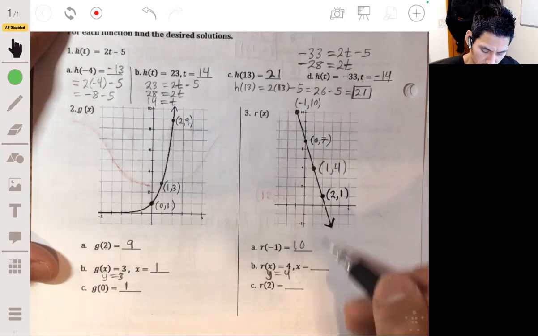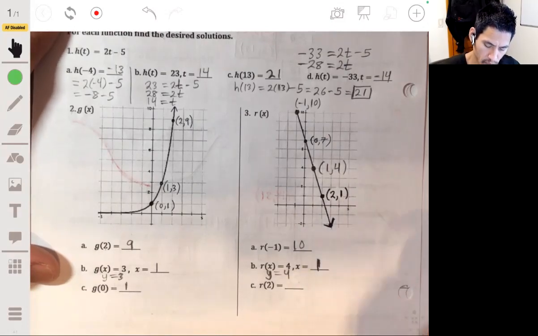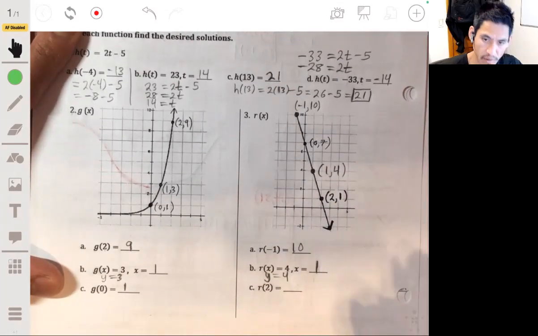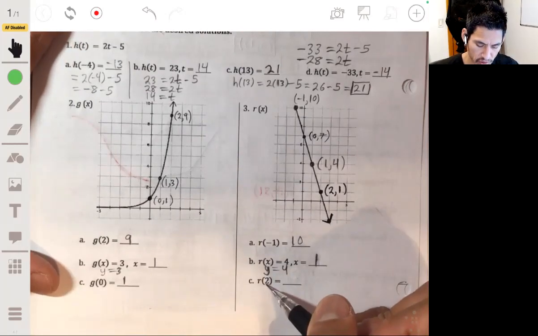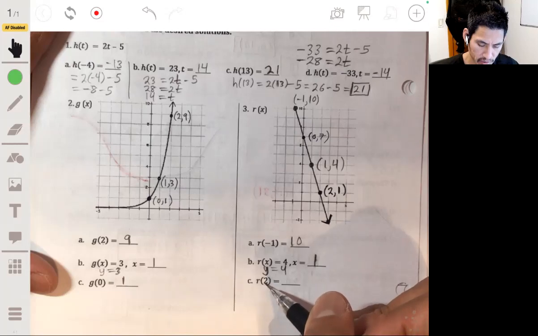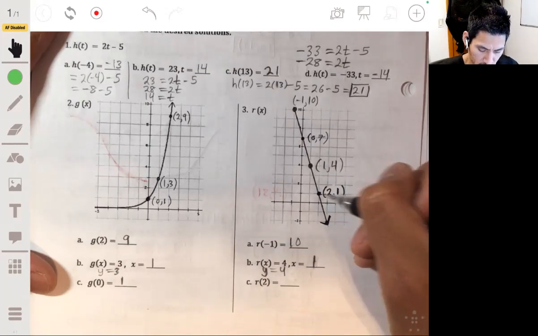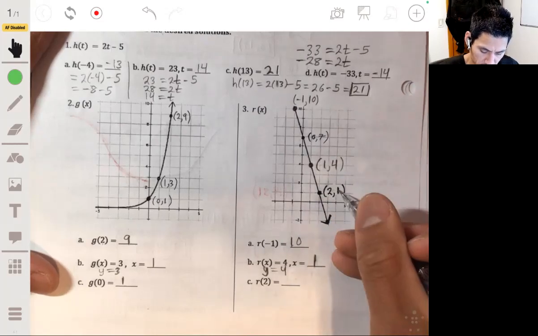And the x value here is just 1. The last one, r of 2. What's the y value when x is 2? So when x is 2, we're talking about this point 2 comma 1. So r of 2 is just equal to 1.